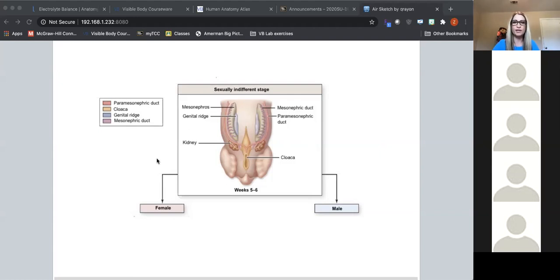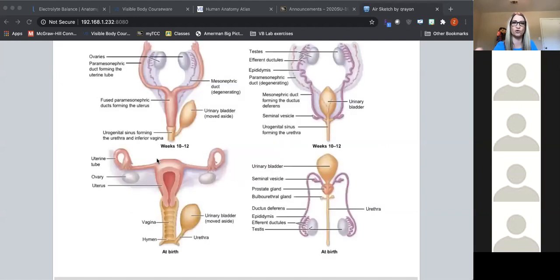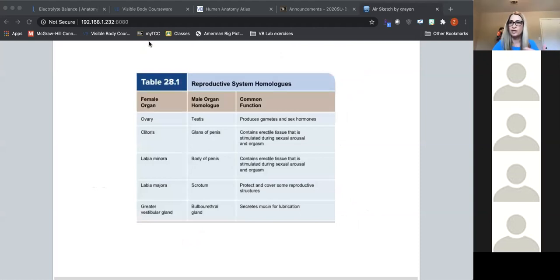If we look at an older embryo, this is about weeks 10 to 12, and then you have the difference at birth. You can see that they're really developed differently. I just wanted to show you this since we're talking about homologs, that they do come from the same tissues.